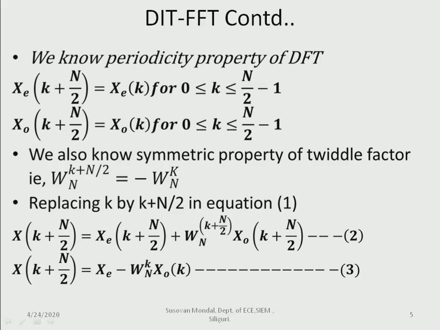In the time domain we are decimating the samples into even index and odd index, but in frequency we are taking the first half of the samples, meaning 0 to 3, then 4 to 7. So equations number 1 and 3 are basically the heart of this derivation.